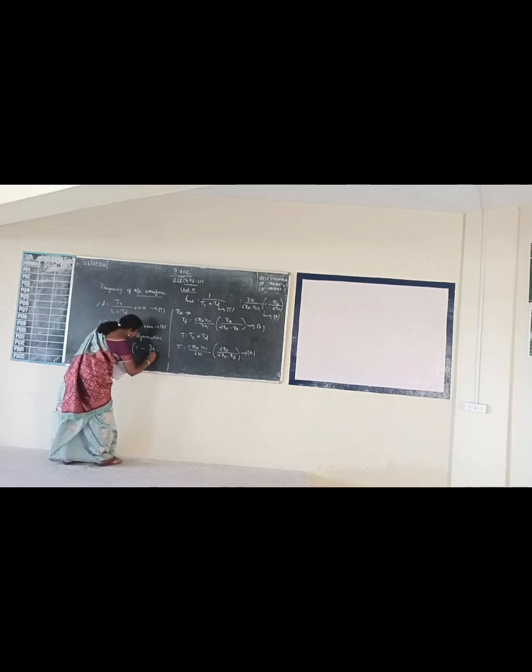So listen, when RA is equal to RB, replace RB by RA.